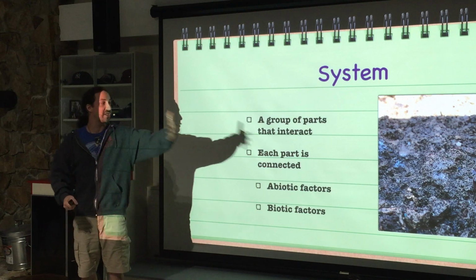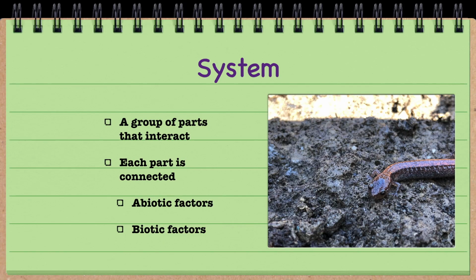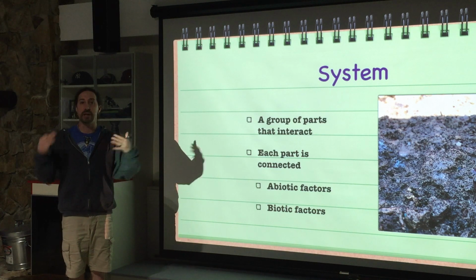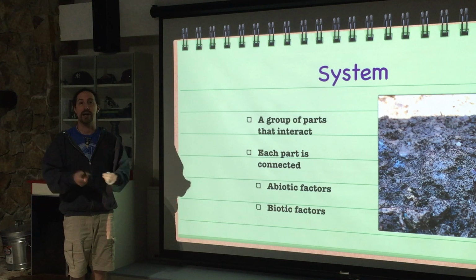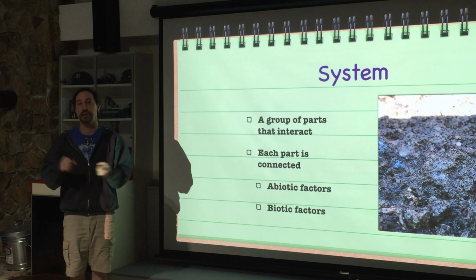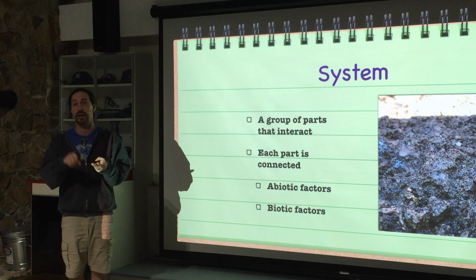So if we were to look at this salamander on the side, a few things that you should know. First, it was actually born underneath of a log, and that is its adult stage. And this type of salamander doesn't actually have a larval or a tadpole stage. So part of its ecosystem is not the water bodies that are nearby, because this amphibian doesn't actually interact with ponds or rivers or streams or creeks.